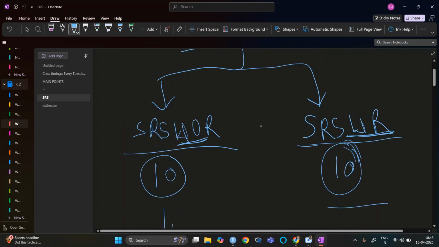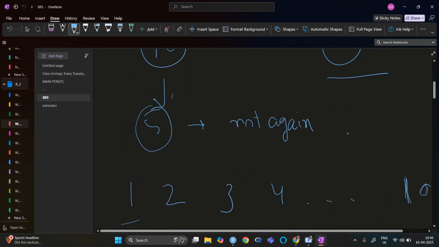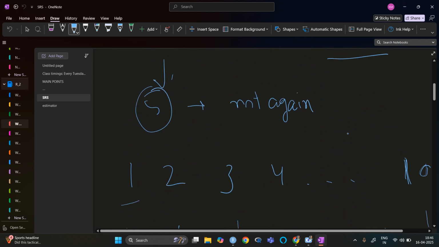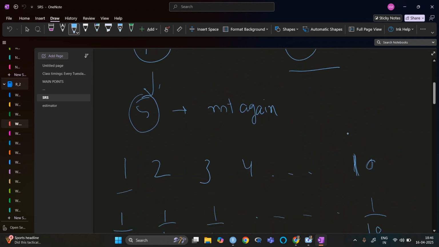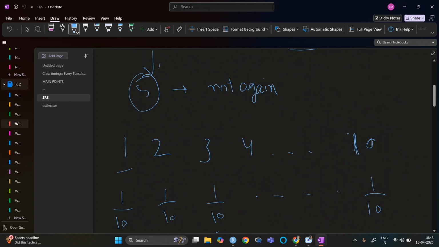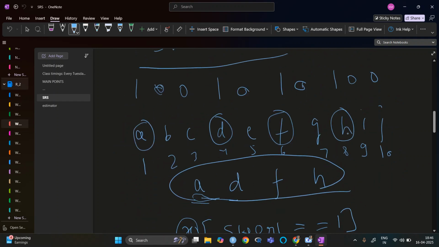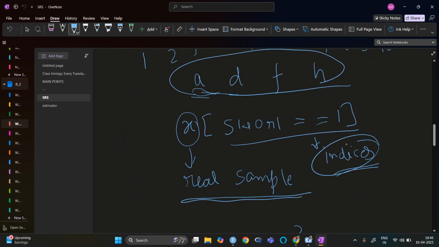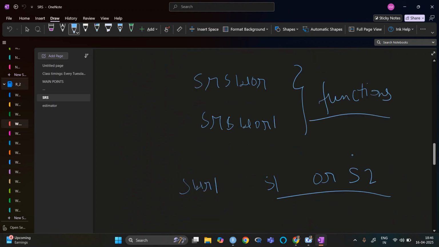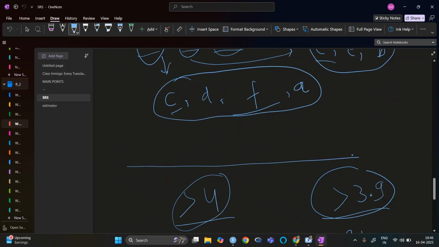You can have this without replacement, with replacement, and then you can take that sample and have the indices of this.